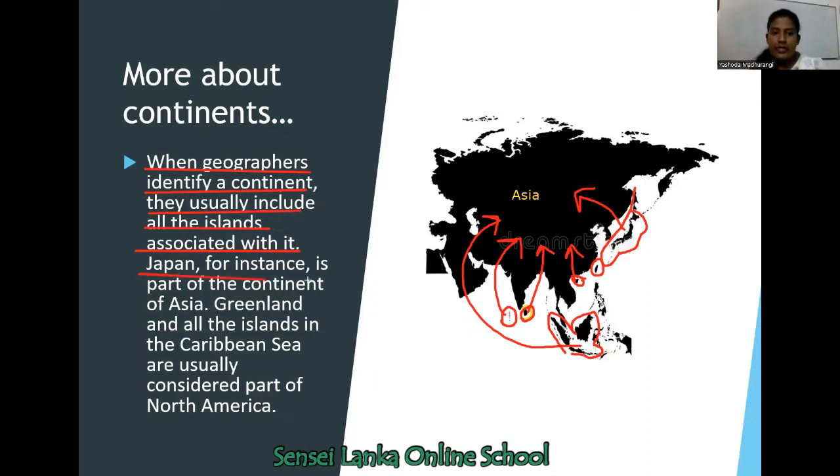For example, Japan is part of the continent of Asia. Can you see Japan is located very close to Asia? So it is a part of Asia. So are Greenland and all the islands in the Caribbean Sea. They are usually considered part of the North American continent. You have to remember these things.